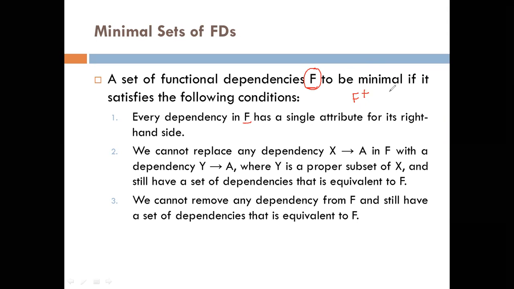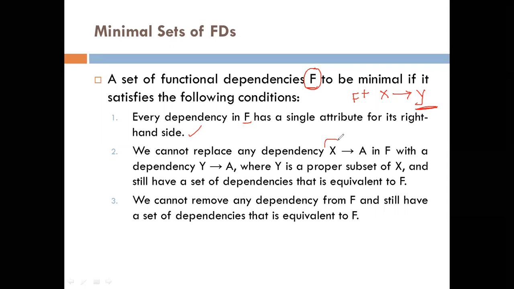So for any functional dependency X determining Y, if a single attribute is there on the right hand side, then it can be called minimal. Then we cannot replace any dependency X determining A in F with a dependency Y determining A, where Y is a proper subset of X, and still have a set of dependencies that is equivalent to F.